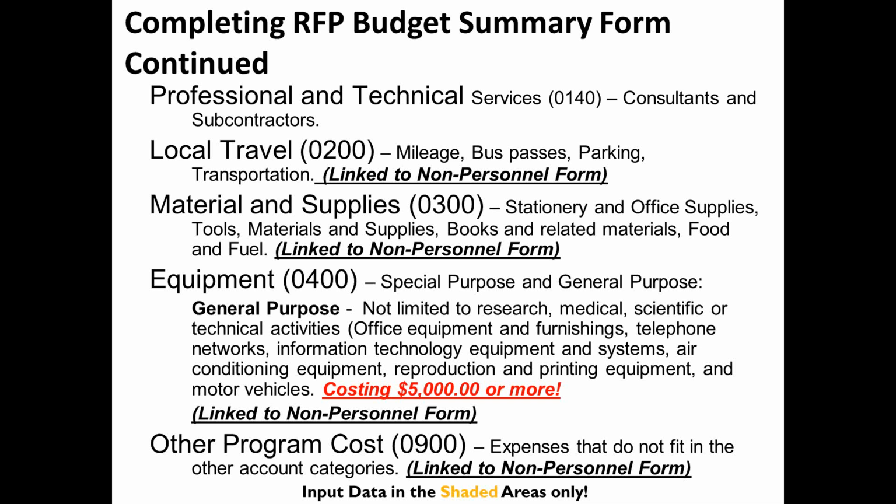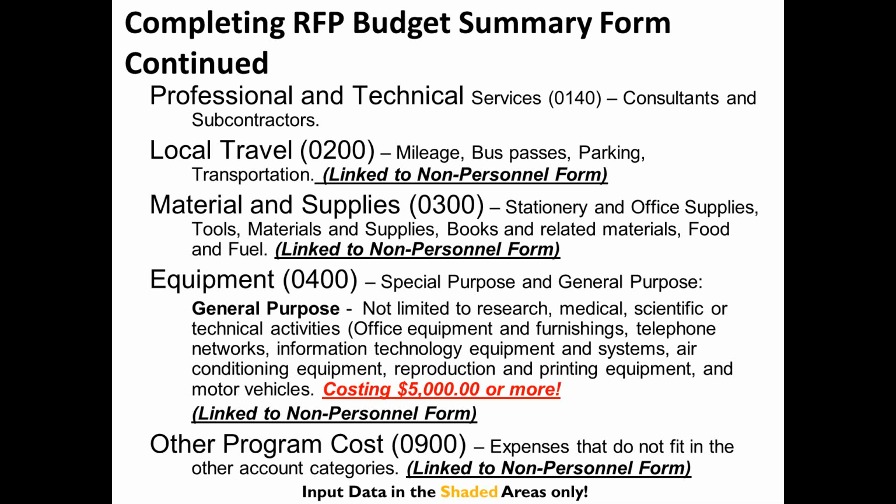But those things would have to cost $5,000 or more in order for you to show them as budgeted equipment. Any of these things costing $4,999.99 or less, you would show as materials and supplies in account 0300.